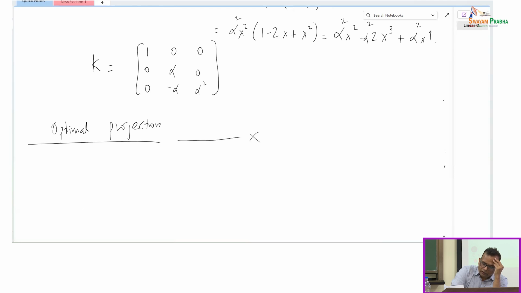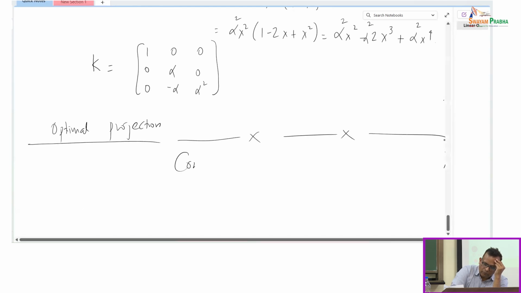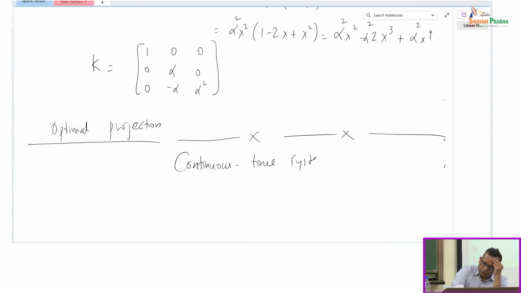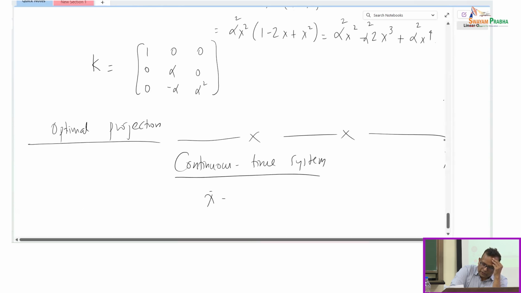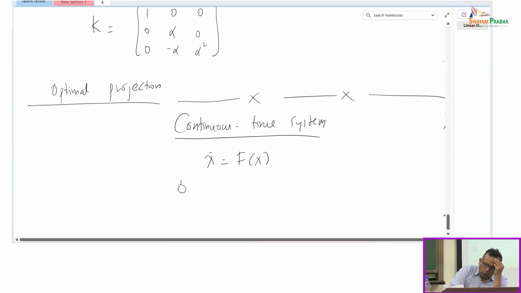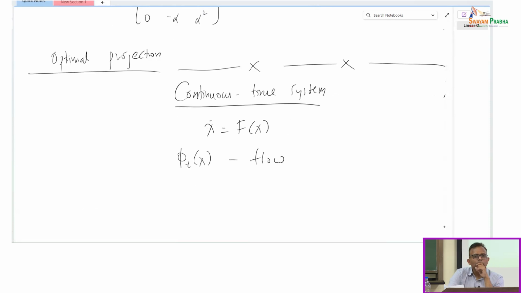Let's say we have a continuous time system, x dot equals f of x. Now, the flow is denoted by phi t of x. What is a flow? Flow is a solution, which we have done.